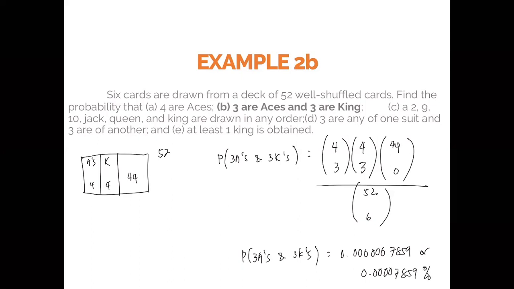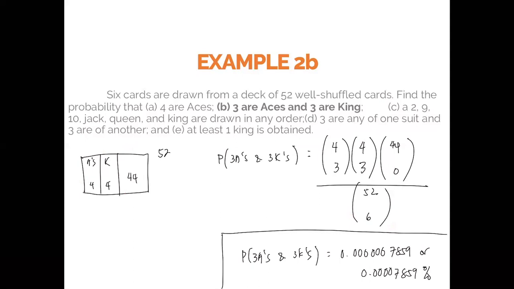Okay? Again, yung success is pertaining dun sa required sa problem natin. So, ito yung success natin. Then, yung remaining na card, yun yung failures natin. Okay? So, pinaghiwalay ko lang yung ace and kings para malinaw sa inyo kung paano siya i-solve. Tapos, ito yung failures natin divided by yung total population taken 6 card.